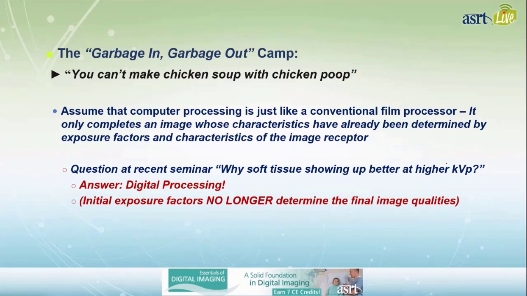Now, computers are not chemical processors, which simply develop an image whose properties have already been irrevocably determined by the exposure factors we used upon exposure. This statement, you can't make chicken soup with chicken poop, it may be catchy, but it might be true if nothing but bad information was being entered into the computer.